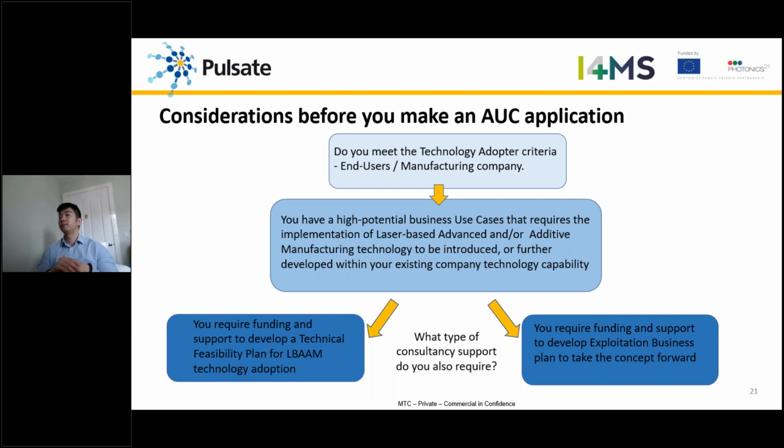But do specify that as much as you can in the application, so that when we review it and when we do the allocation, we will know what you're expecting from your mentors.